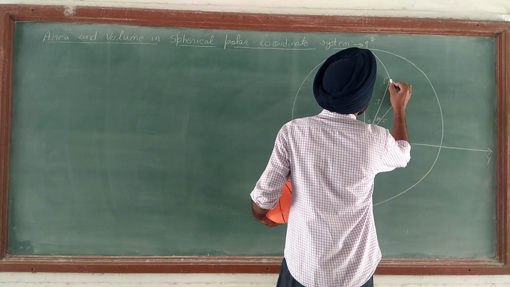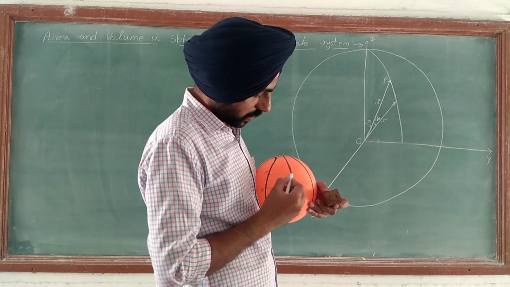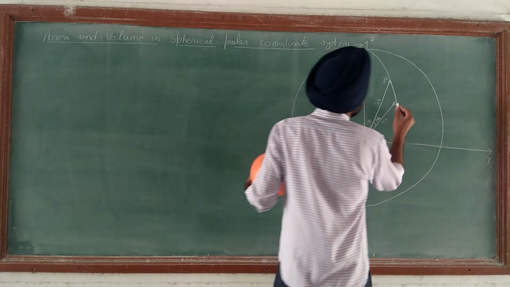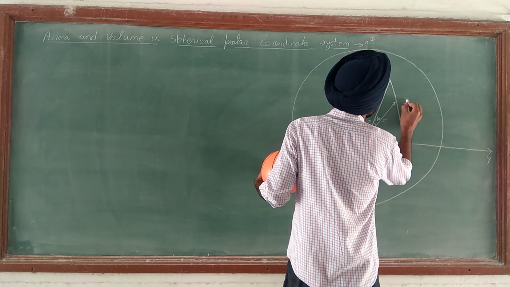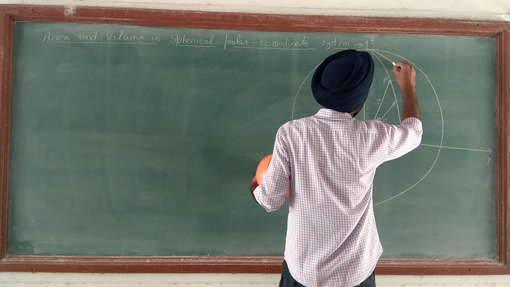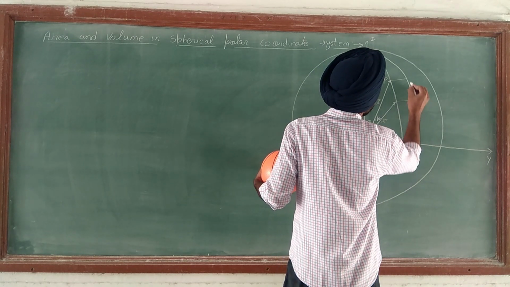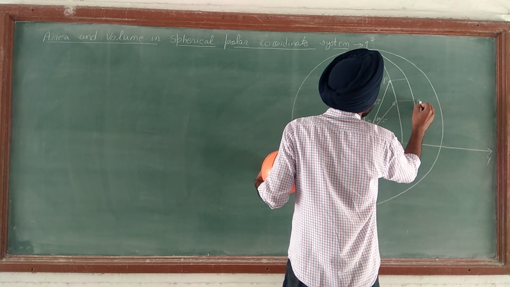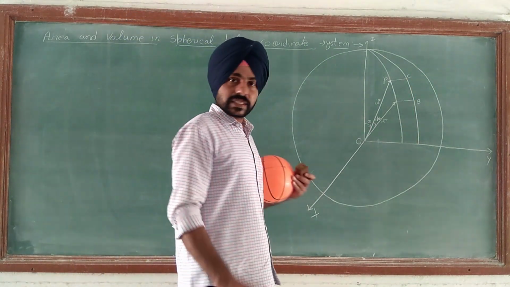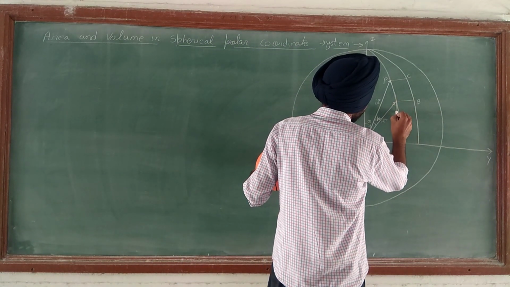And then, if the particle moves on the surface from point P to some other point, or from point A to some other point, you can see the particle moves like this on the surface. A, B, C. You can see in the previous lecture how to find this A, B.